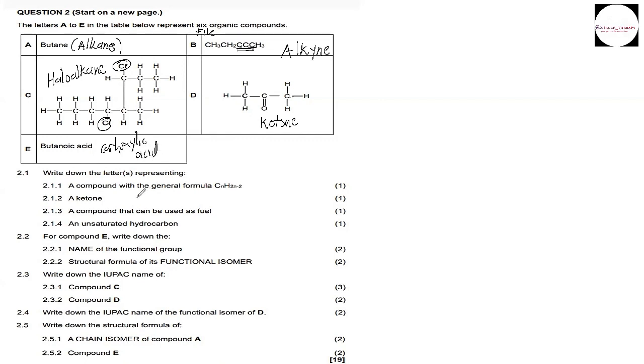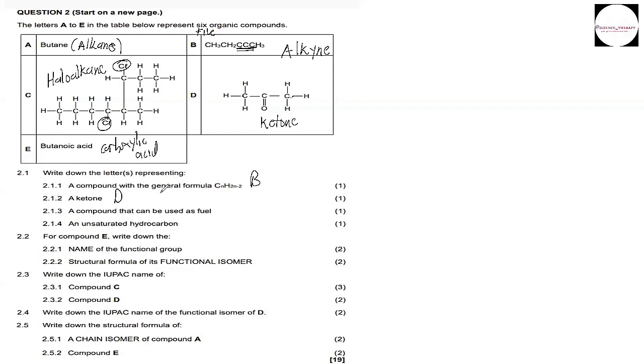Okay, so now that we've identified all that, let's answer the questions. Now 2.1.1 says a compound with the general formula CnH2n minus 2, right? So we know that that one is an alkyne, so we should indicate letter B. Now, which one is a ketone?